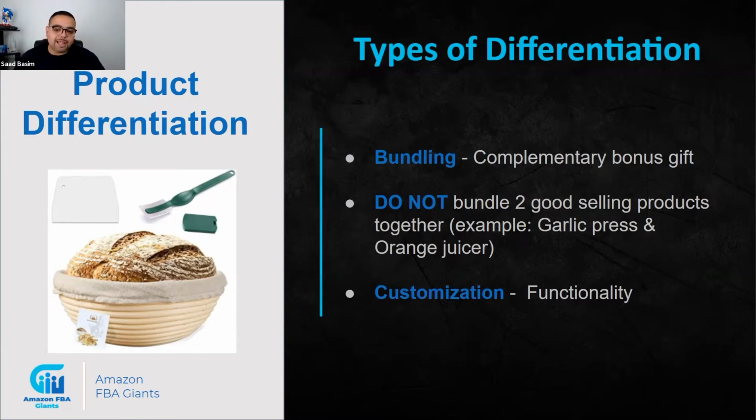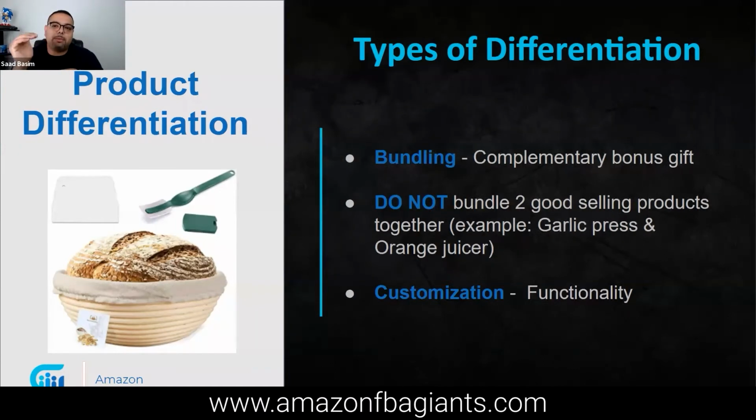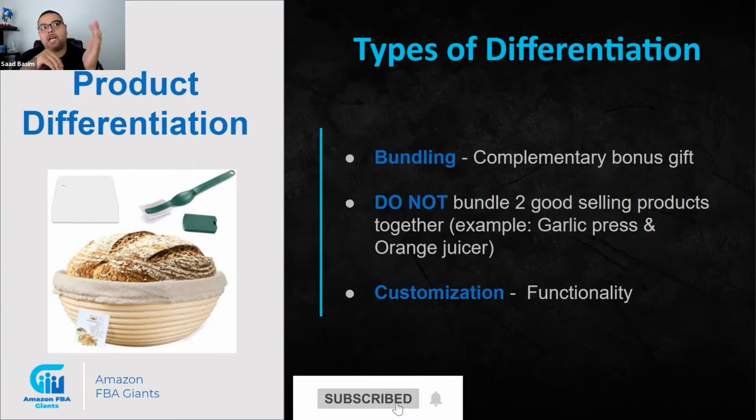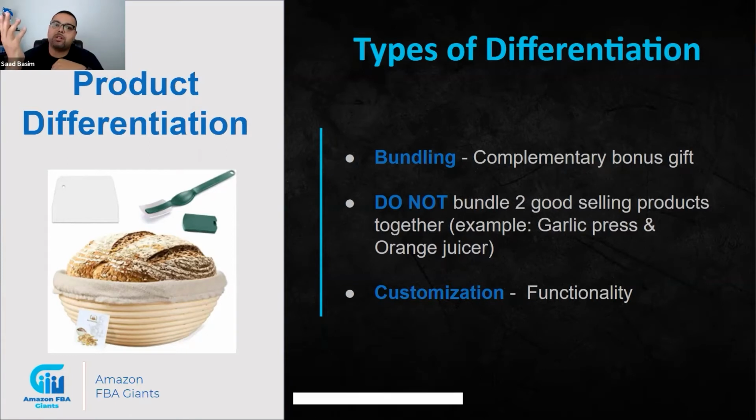Now, customization is one of the best types of differentiation and also the worst type of differentiation, because you either make it or you fail. One out of the two. Because what happens is, a lot of us watch Elon Musk, we see Jeff Bezos, we see Bill Gates, and we sit there thinking, if they can make it, we can make it.